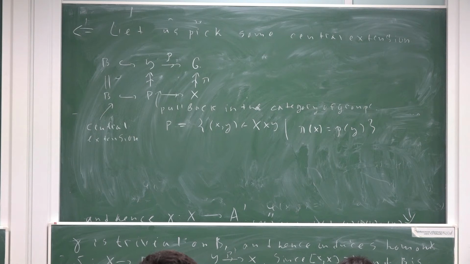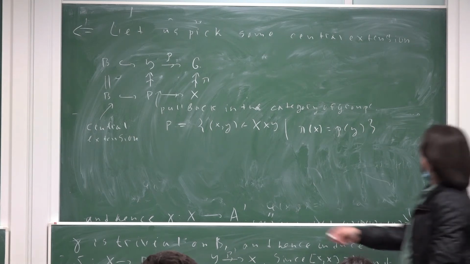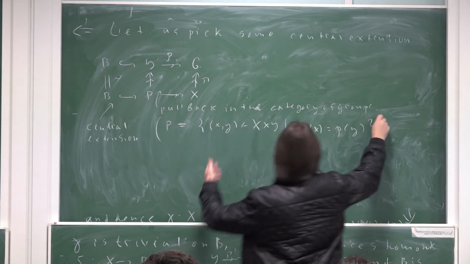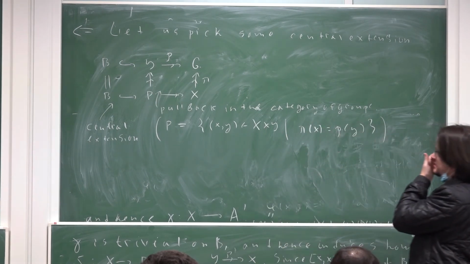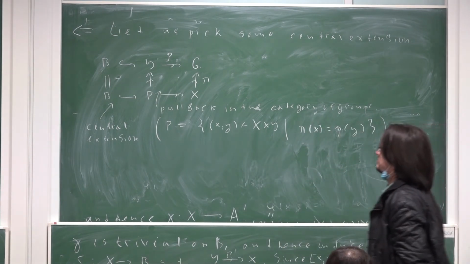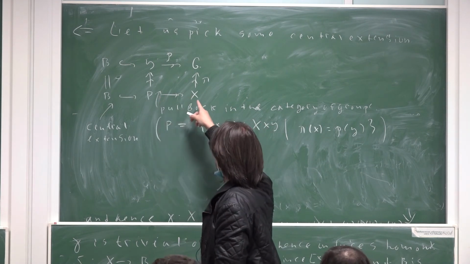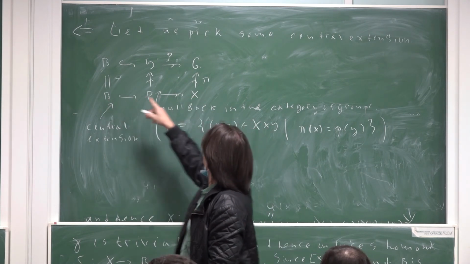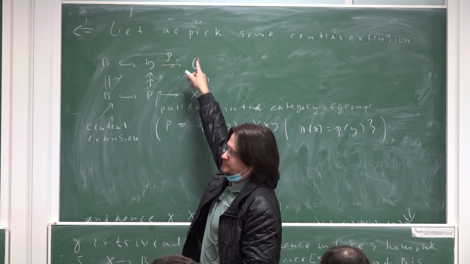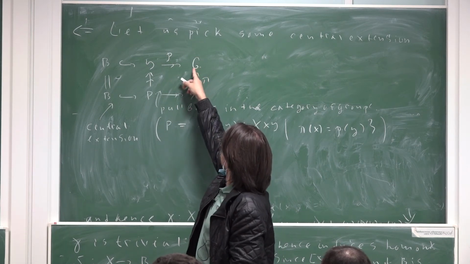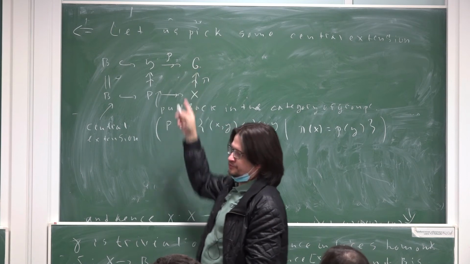First of all, you can use this explicit construction to show this, or you can understand that, in fact, the action of X on B is induced by this morphism, and since it goes through the action of G, it's trivial.